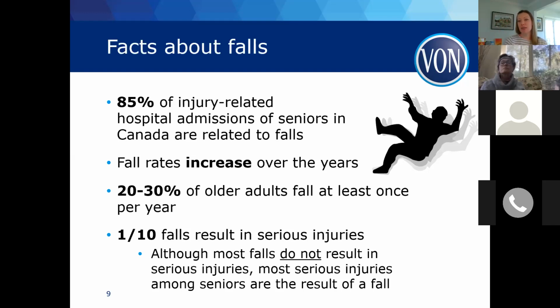So we shouldn't expect to fall simply because we're a certain age. 20 to 30% of older adults will fall at least once in the year, and that was in our true and false quiz. And then 1 in 10 falls will result in serious injuries. So this isn't most falls, this is 1 in 10.